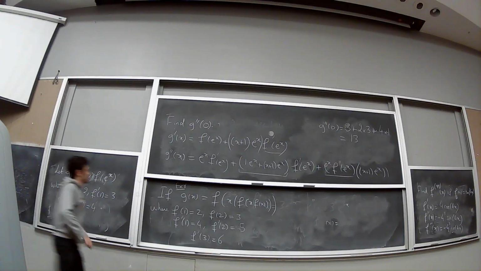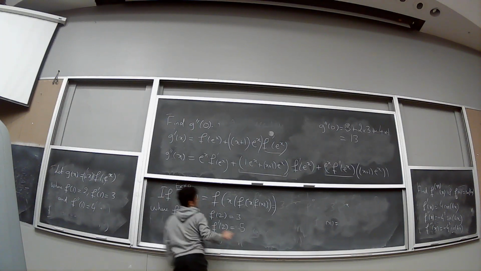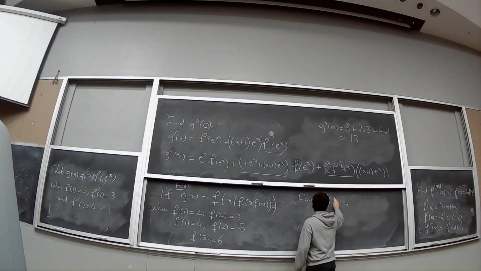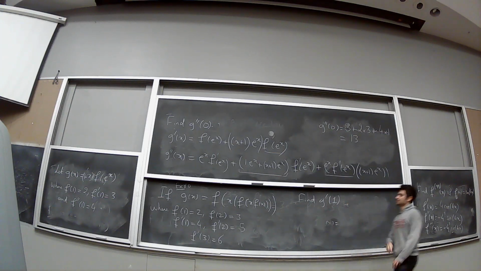Find g prime of 1. This is problem 80 from your book. Okay, this doesn't look nice, does it? But let us try to simplify that. It's exercise 80 from the book. Find g prime of 1.